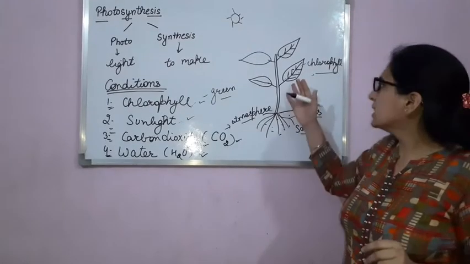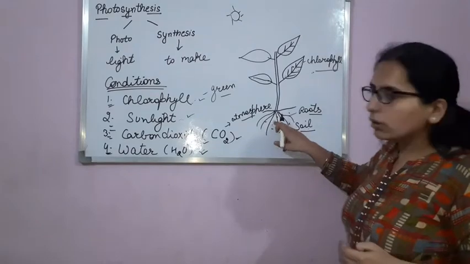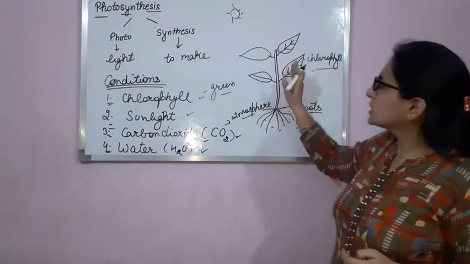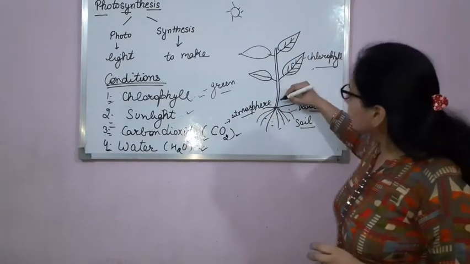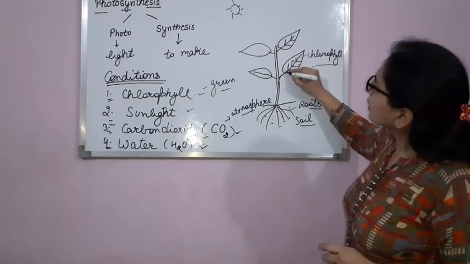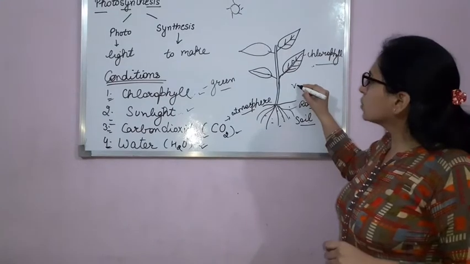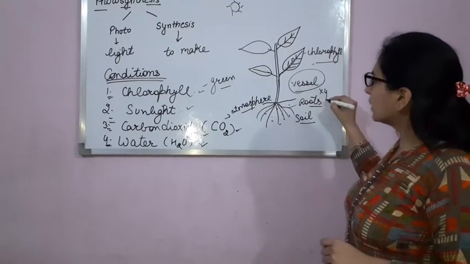Why? Because leaves are having chlorophyll. Now, how will the water from the roots reach the leaf? It will reach with the help of a tube, and that tube is known as vessel called xylem.